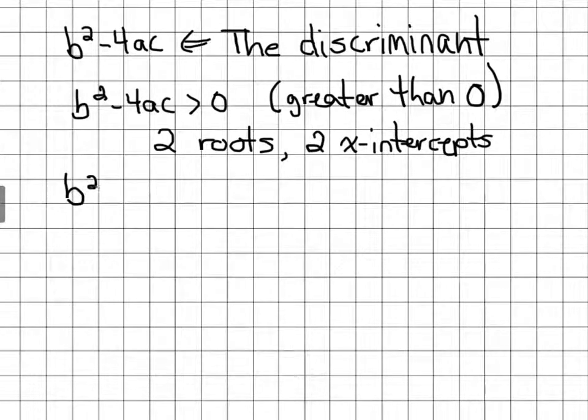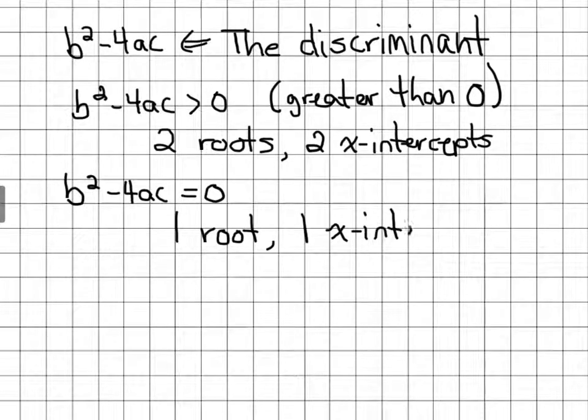If b squared minus 4ac is equal to 0, then we only have one root, so one x-intercept.